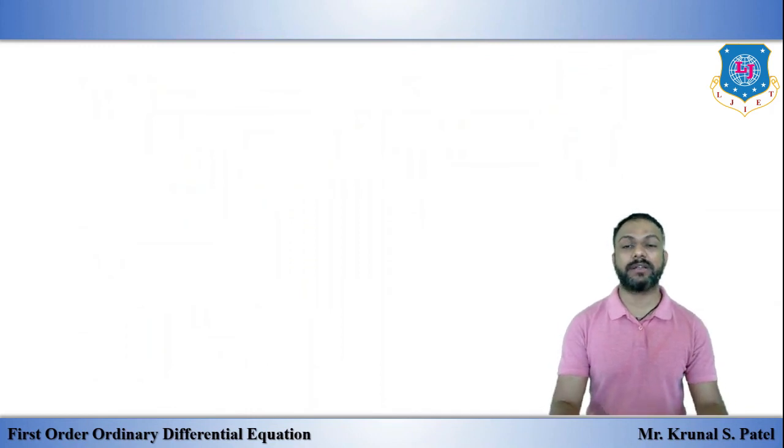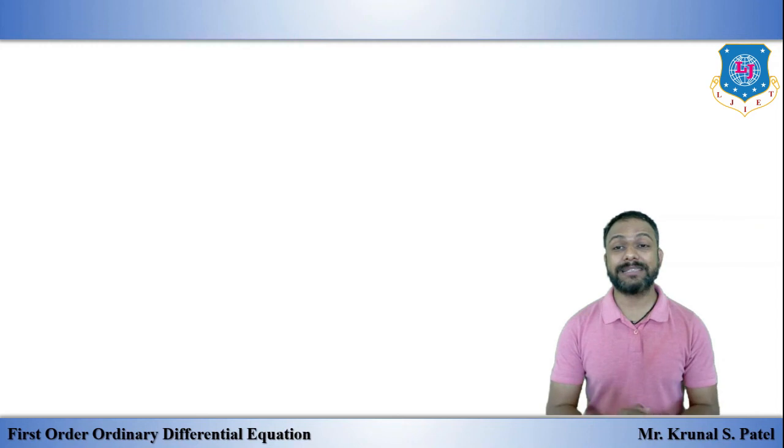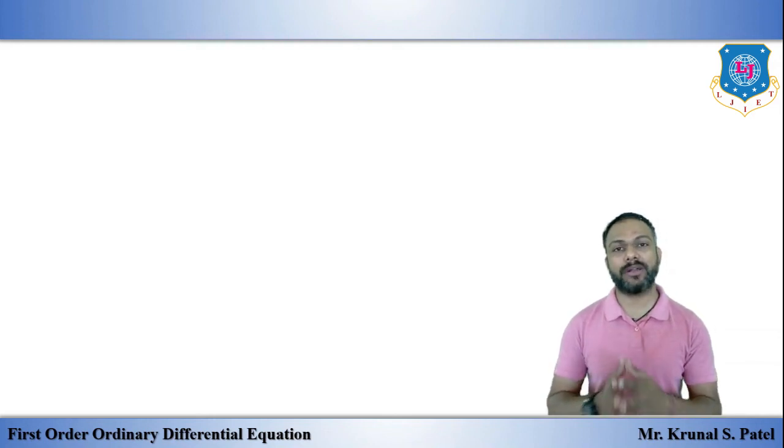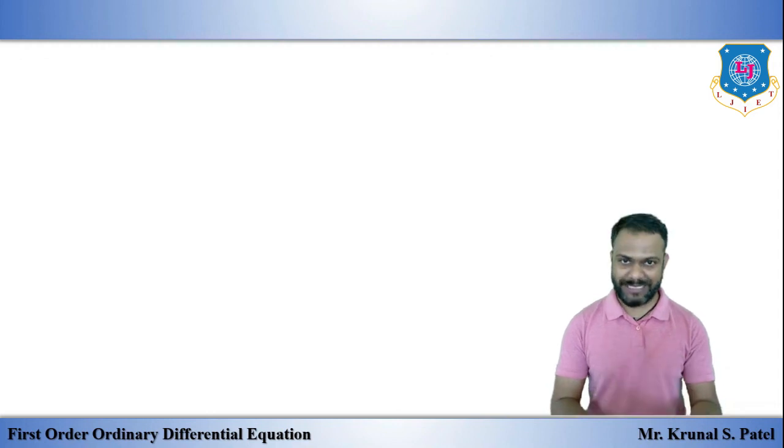In this lecture we learned the definition of a differential equation. Secondly, we saw the types of differential equation, ODE and PDE. Then, after finding the type, what is the order and degree of a differential equation, and based on order and degree we did simple MCQ-type examples.